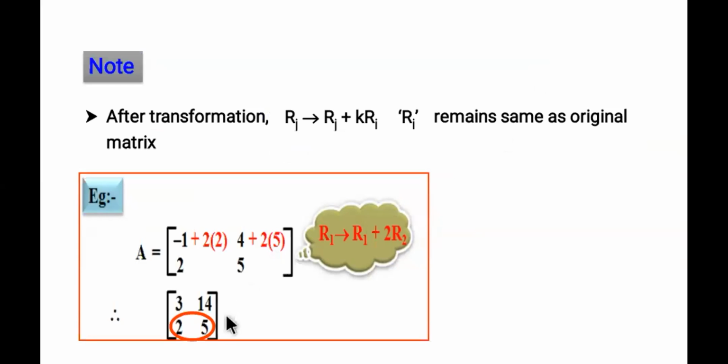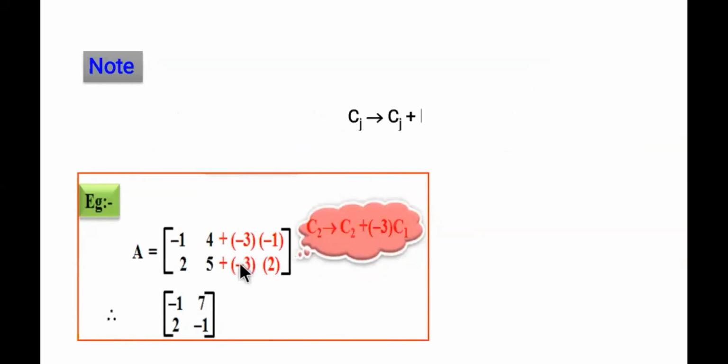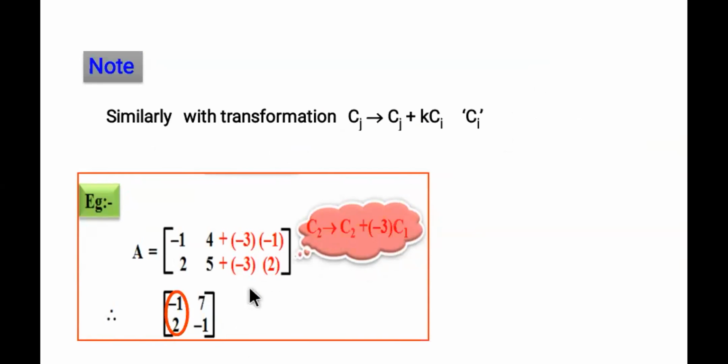If you see in this example, 2 and 5 is as it was in the original matrix. So similarly in the column also, when we are changing C2 column, your C1 is as it is. You're just taking the help of C1 to change C2, but your C1 column will remain your original column only.